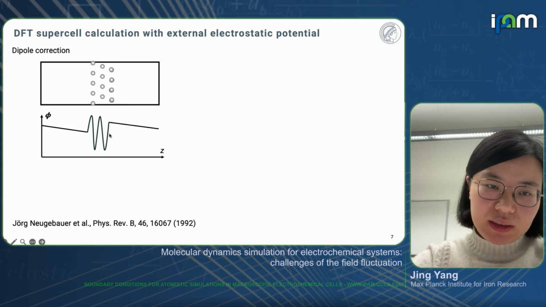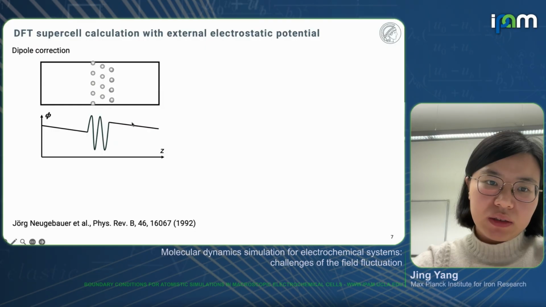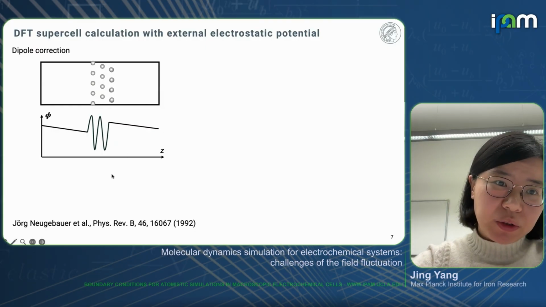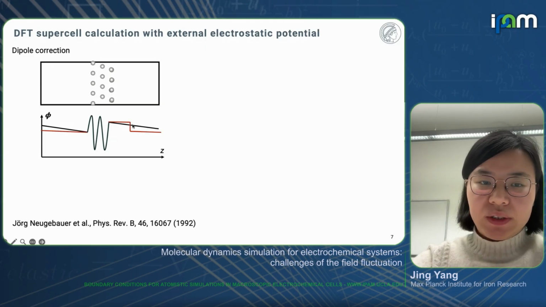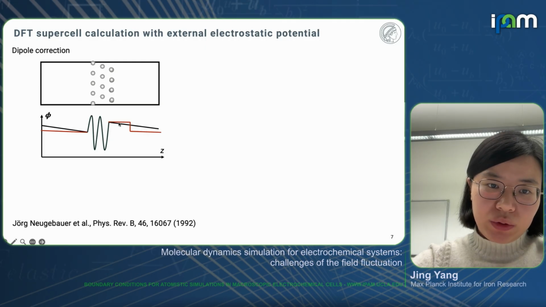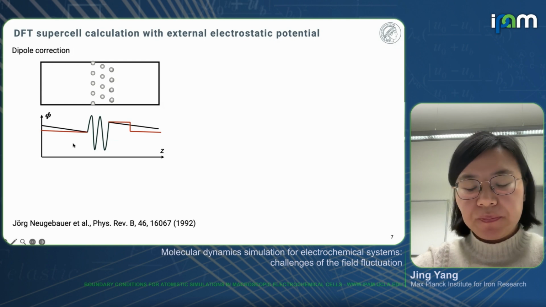For example, in this setup where you have an asymmetric surface slab, you will have an electric field in the vacuum region. The idea of the dipole correction is very simple: in the vacuum region, you insert a dipole, which will cancel out the total dipole of the system, making the whole system dipole zero. And then you retrieve the behavior where you have a flat potential in the vacuum region.